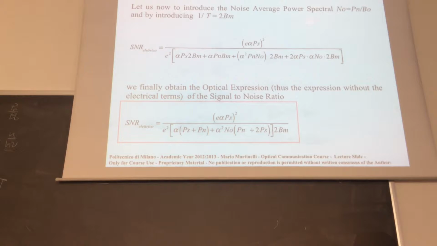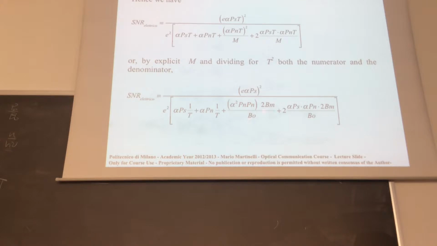I call this No, N optical. So instead of having this Pn divided by Bo here, I have No. You see here, this term gives No.